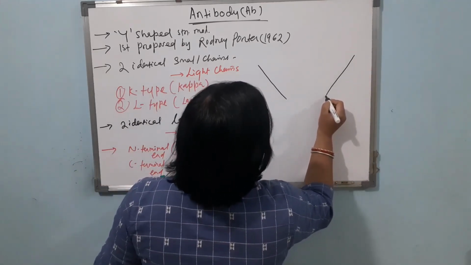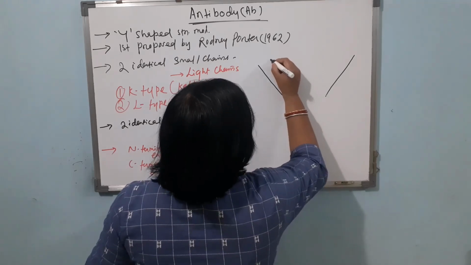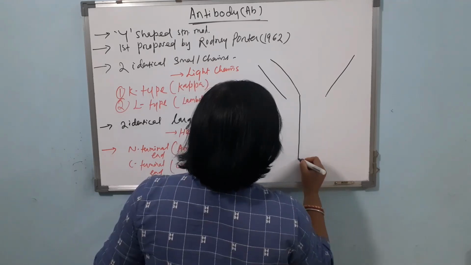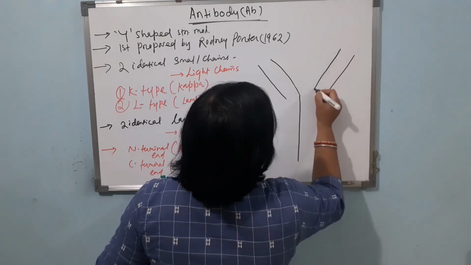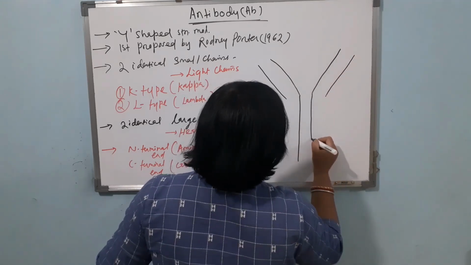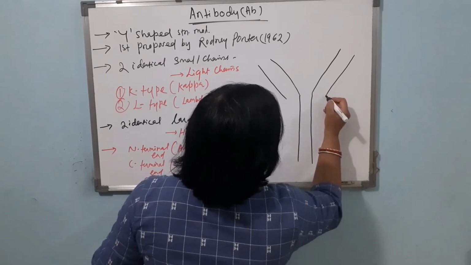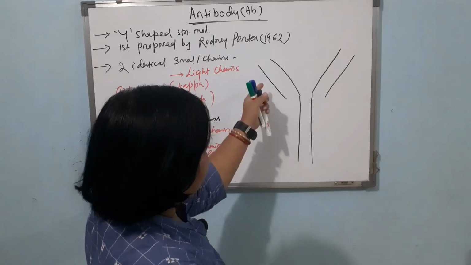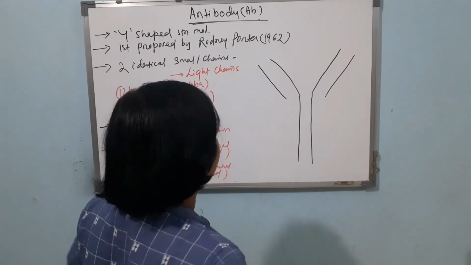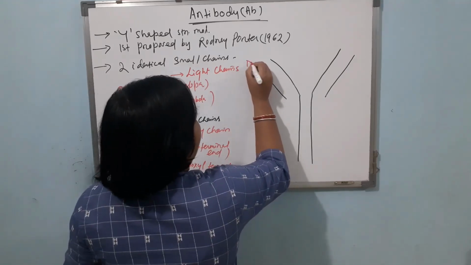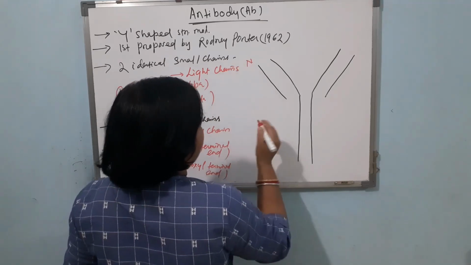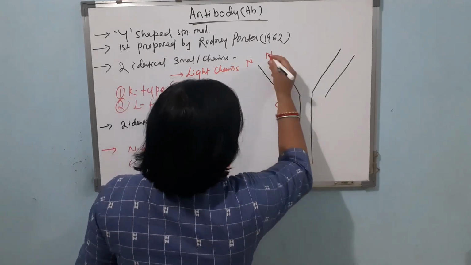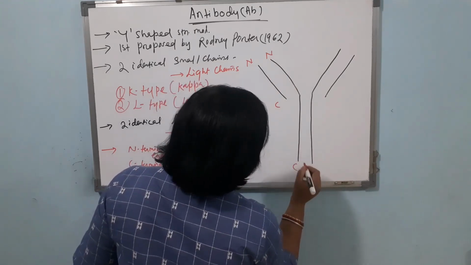First we will make a structure of an antibody. These are the light chains and here are the heavy chains. In both light chain and heavy chain, you will find N terminal and C terminal. Here is N terminal, here is C terminal.